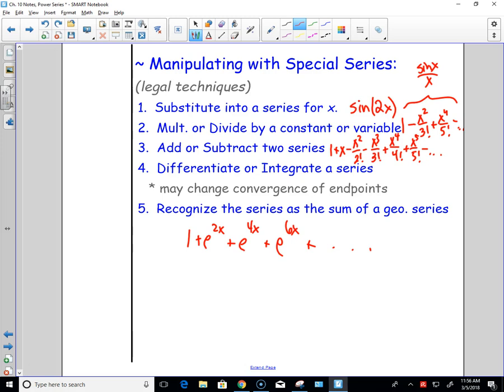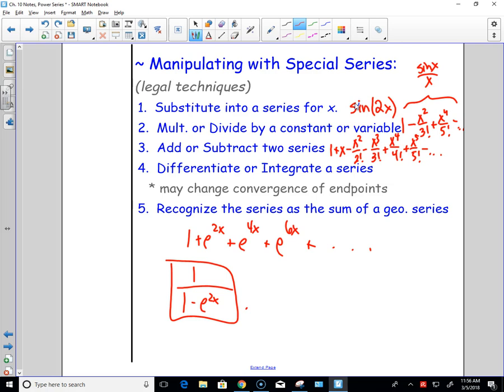It's geometric, so that's what number 5 is about. If it's geometric, just throw it in the sum formula and be done. There's no extra stressing about it.